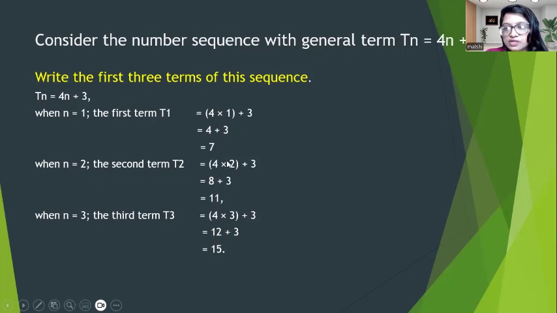It's the first term of the given general term. So according to the general term, this pattern's first term is 7.